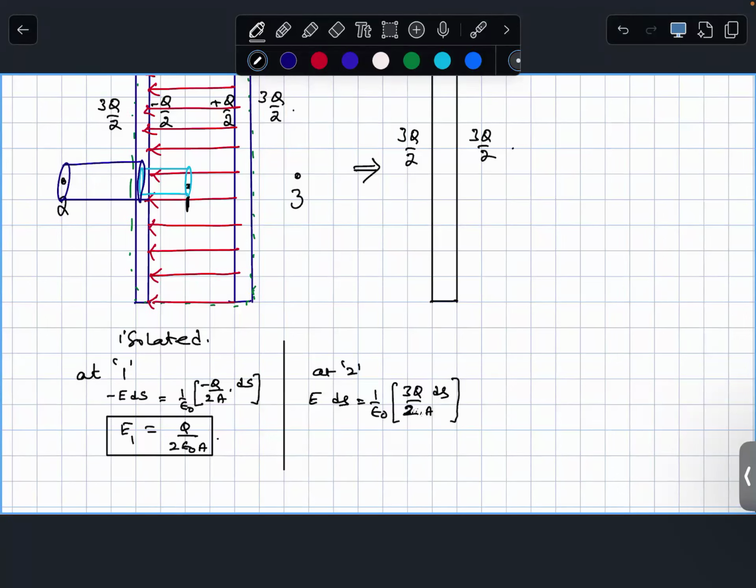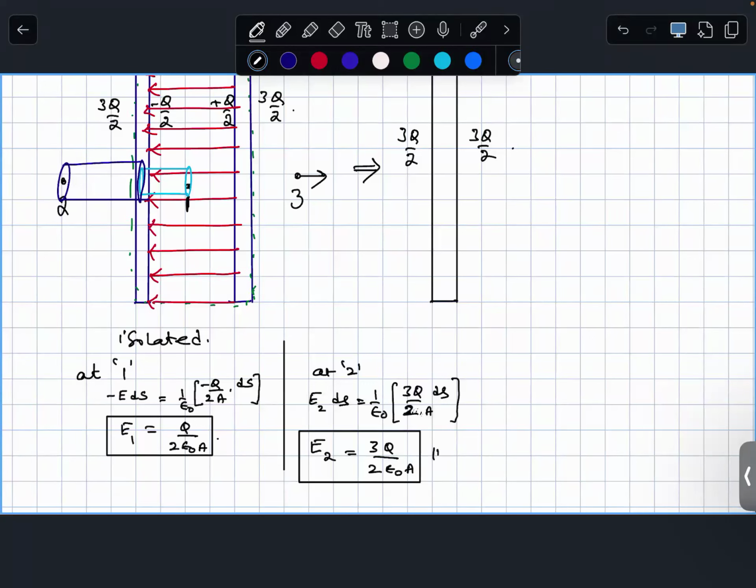So therefore, E2 is nothing but 3q by 2A epsilon naught, that is 3q by 2 epsilon naught A. Trust me, even at 3 also you will have the same distribution.